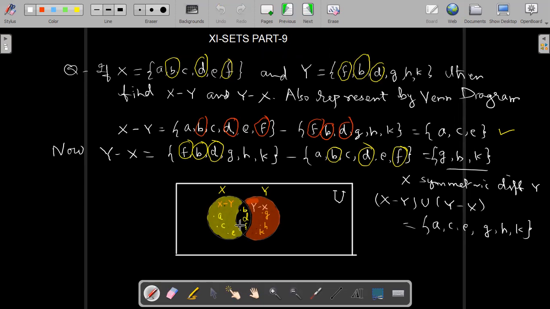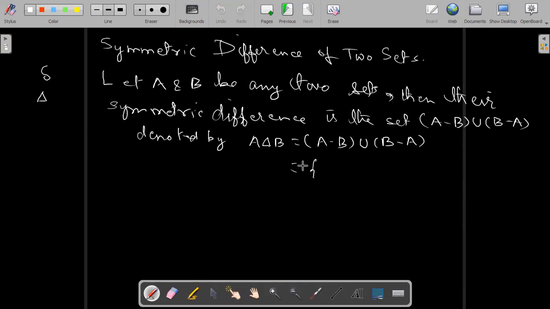So its definition is the set of all X such that X belongs to A or B, but X does not belong to A intersection B. Are you understanding? So this is called symmetric difference.